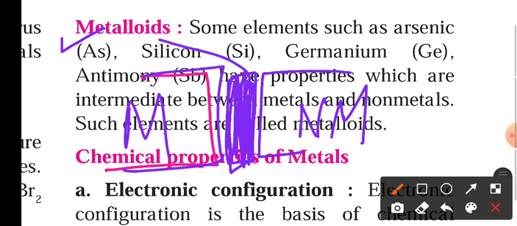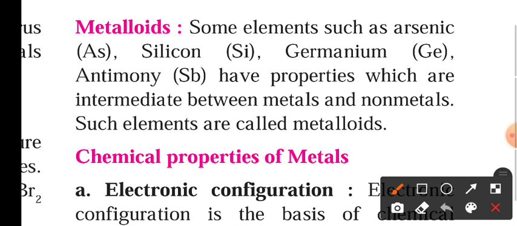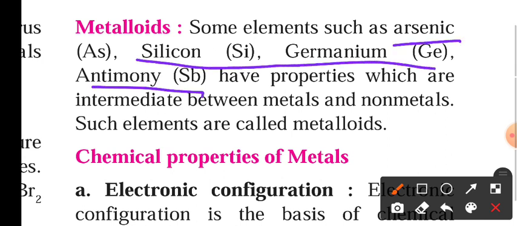This is nothing but the metalloids, which show some properties of the metals and some properties of the non-metals. The examples they have given are silicon, germanium, arsenic, antimony, which have properties intermediate between metals and non-metals. Such elements are called metalloids.